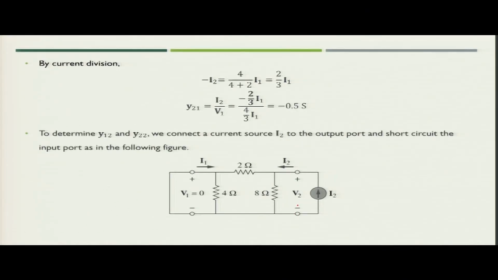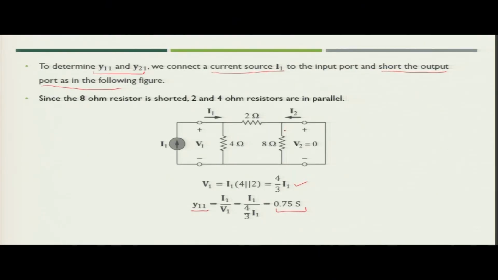Now, next is you will use the current division and find out the relationship between I2 and I1. So, if you see this particular figure, you need to find out the value of current flowing through 2 ohm resistance in terms of I1 with the help of current division.